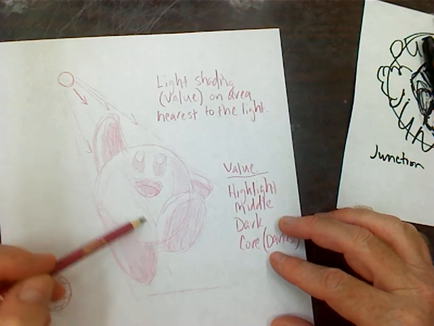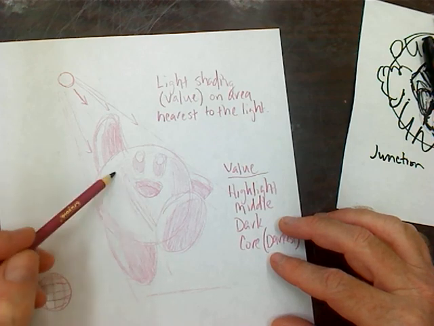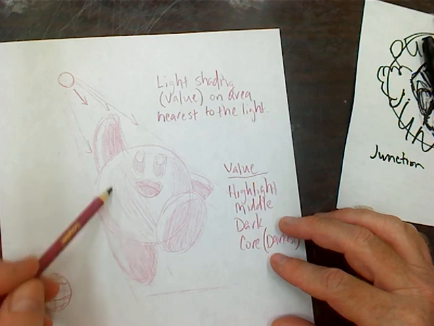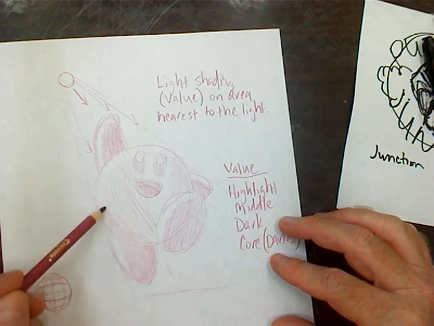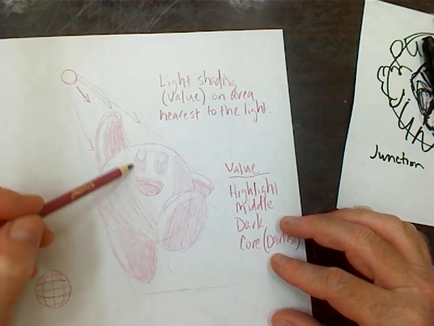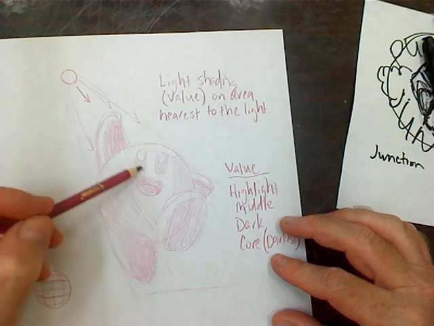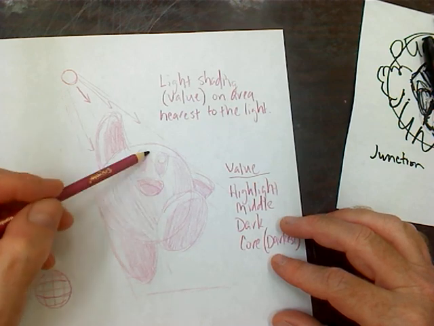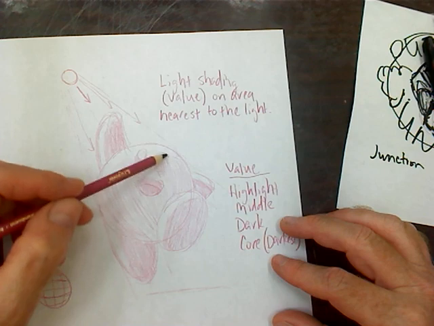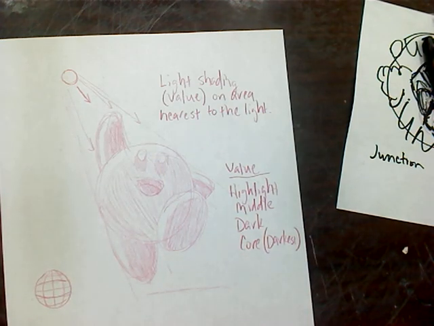And then as I go this way, I start to curve that until I get out here and it matches the curve, right? And so this way, the curve flips. And as I go this way, I'm going to put some shaded lines like that, right? And what that does is bolster the idea that Kirby's round and not just flat, right? We can do it down here as well.